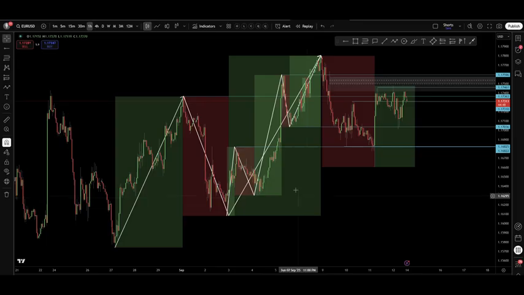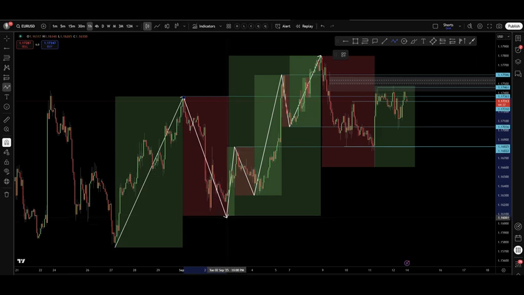So let's just backtrack now, and let's just stare at this white line. This is stuff that we already know. Price comes down, makes a low, a lower high, but it made a higher low.